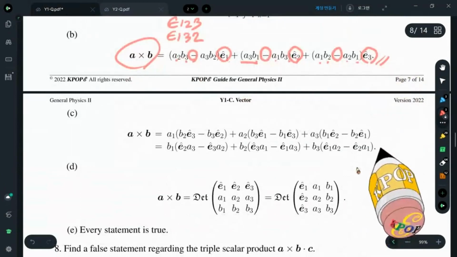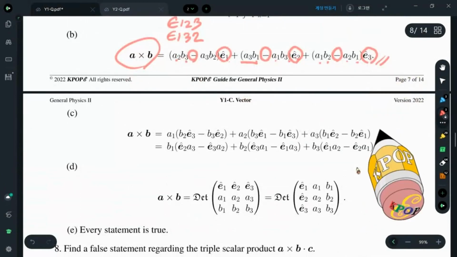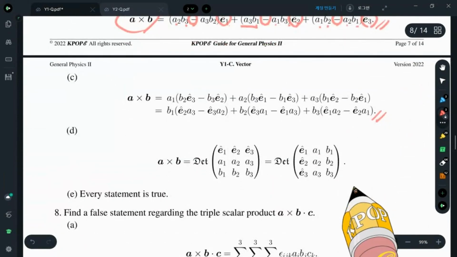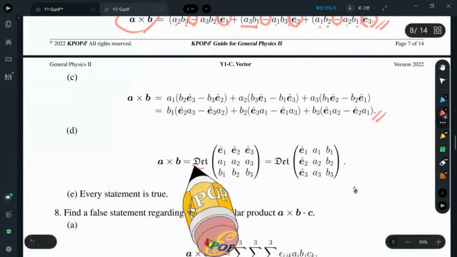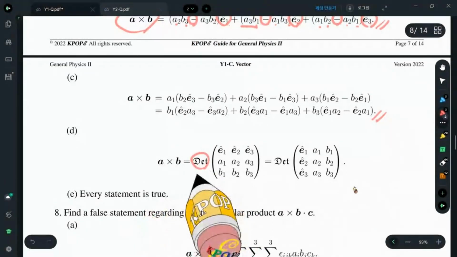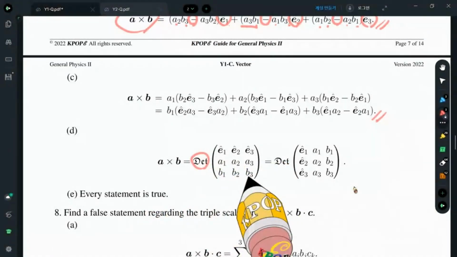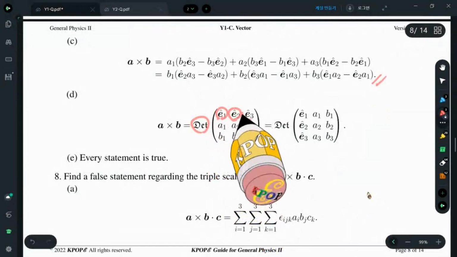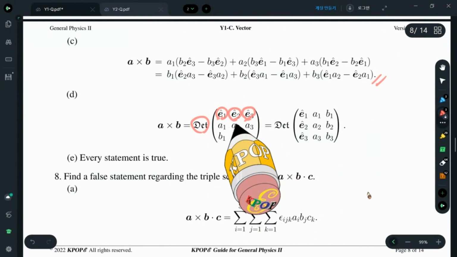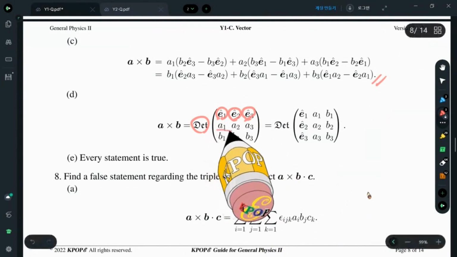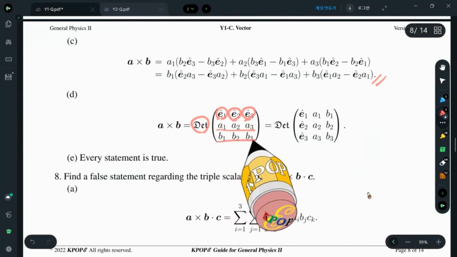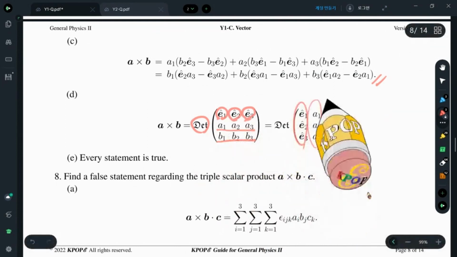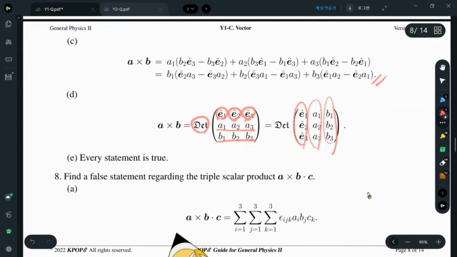In a similar manner, you can compute in this way that everything is the same. And this is the actual definition of the determinant of a 3 by 3 matrix. You can put 3 Cartesian basis vectors here and Cartesian components as a row. You can write it in this way as a column. The final result should be the same.